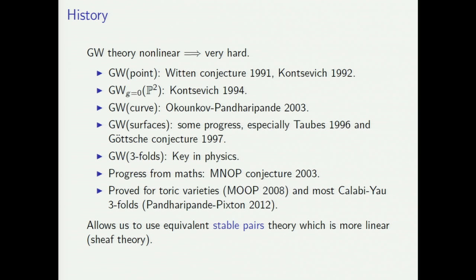Okay, so the MNOP conjecture was proved for toric varieties by MOOP. So this first O here is Okounkov. So you can imagine with toric varieties you have a lot of symmetries and localization, so you can reduce it to a combinatorial problem. But it's much harder than that, and it's solved really using geometry. And then, spectacularly, it was proved for most Calabi-Yau threefolds by Pandharipande and Pixton a couple of years ago.